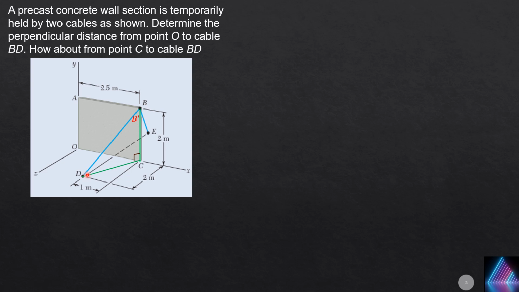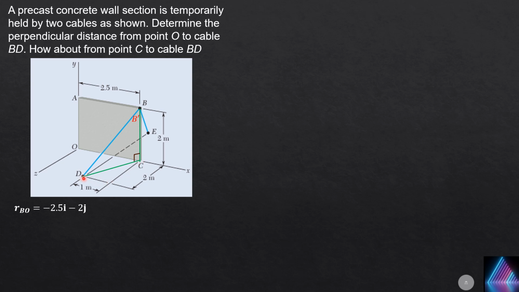So first, let's draw the triangle. So RBO equals B to O. RBO equals negative 2.5 i, then go down by 2, negative 2j. While RBD is go down, forward, leftward.